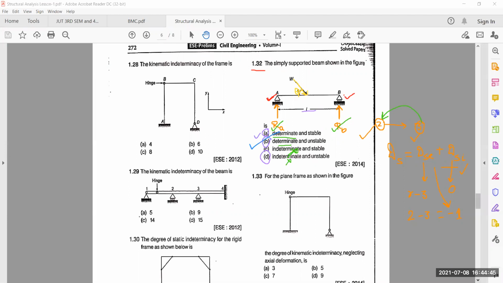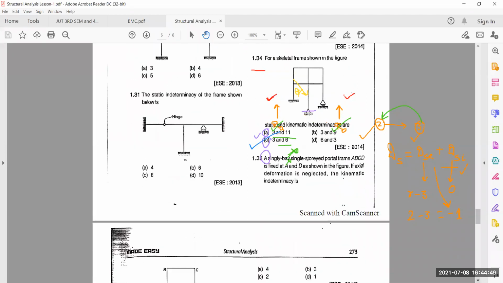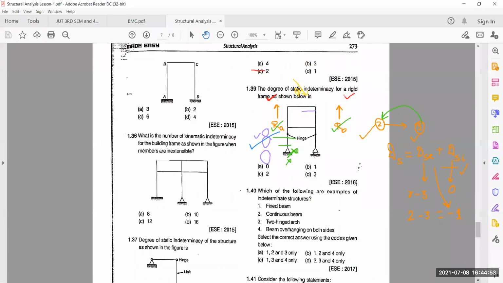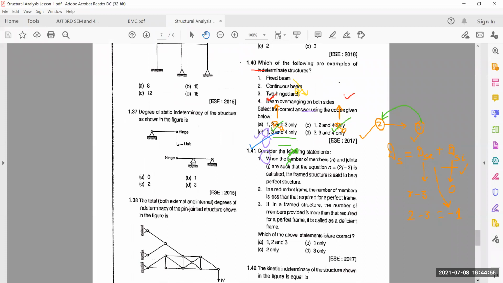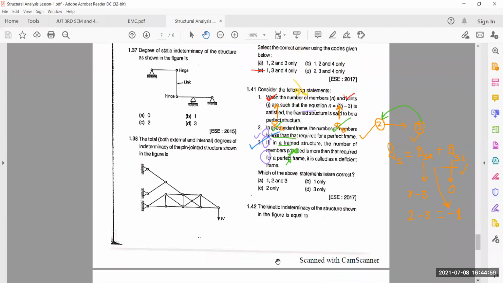Next, any question left? Let's solve question 1.37. I think I also solved this question in your class.